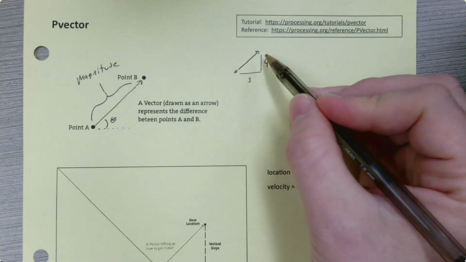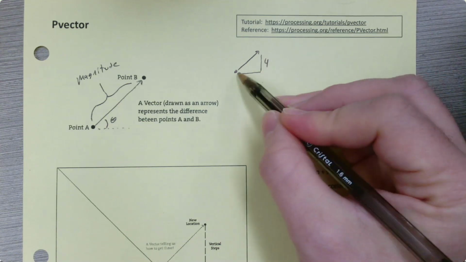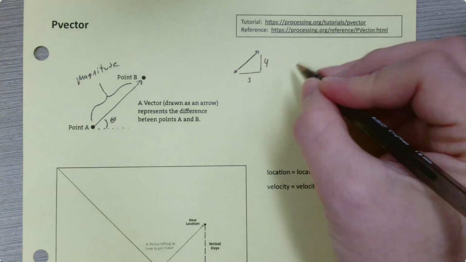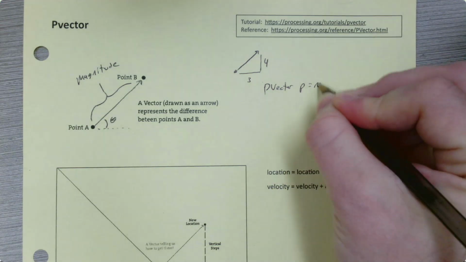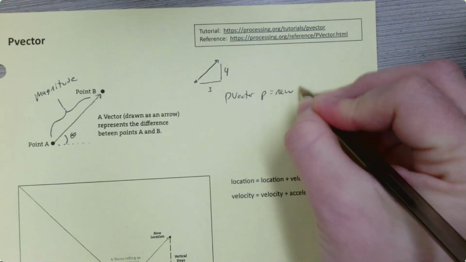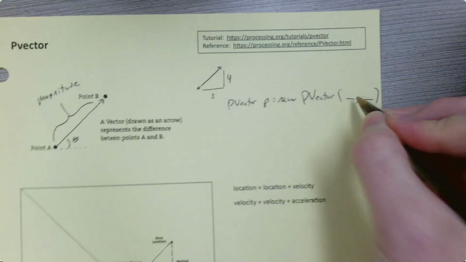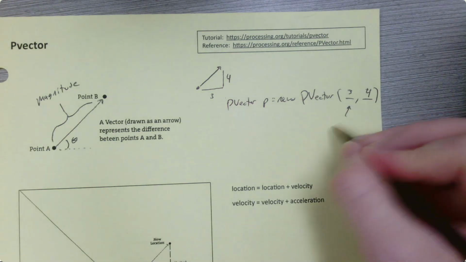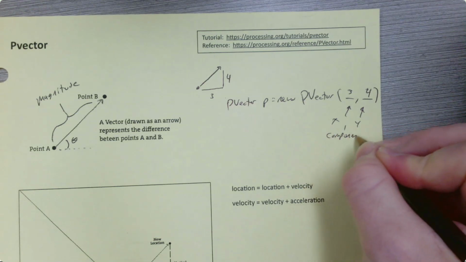These two components, the x component and the y component, are a different way of representing this arrow. The way we do it is we say PVector p equals new PVector, and the constructor takes two inputs, the x and the y components for the vector.